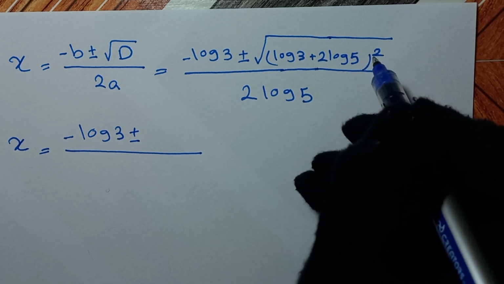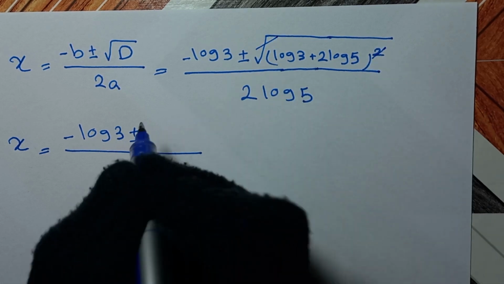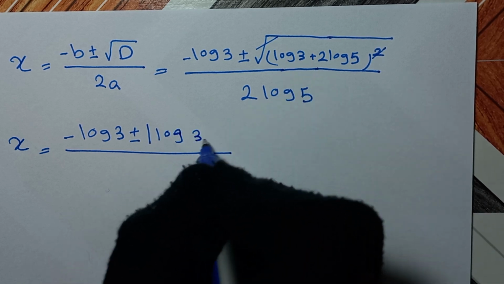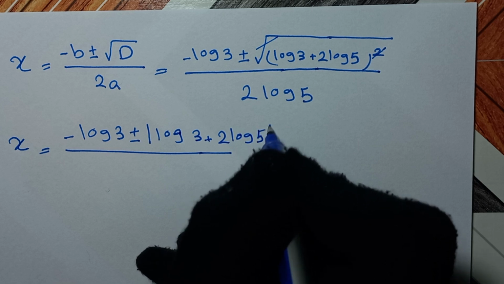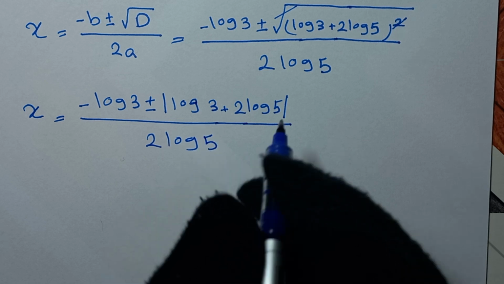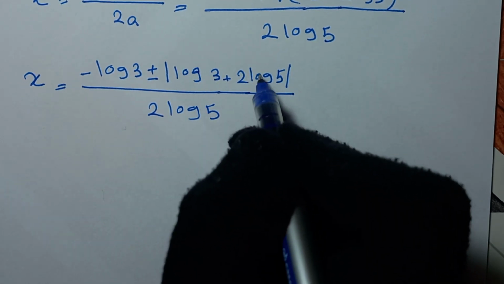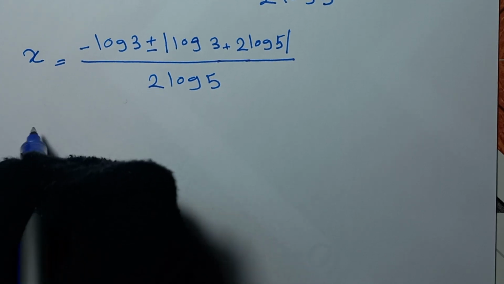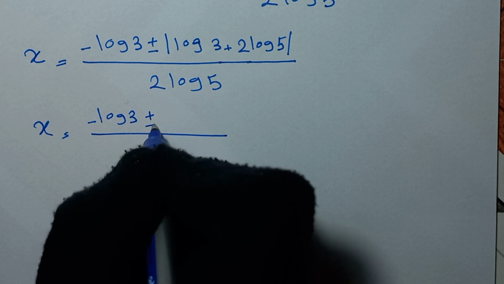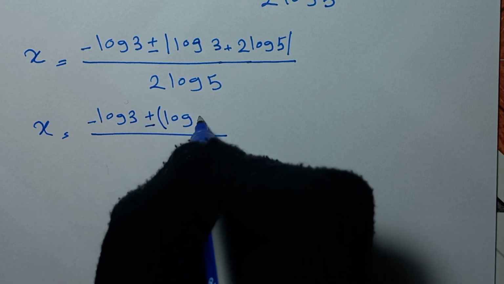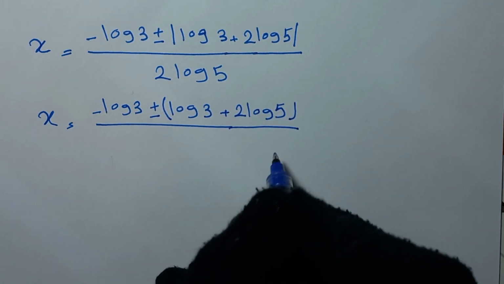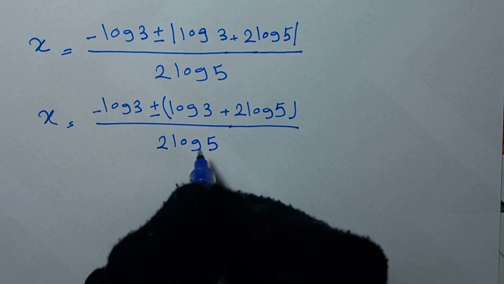In here this 2 will cancel this square root and it will be plus or minus absolute value of log 3 plus 2 log 5, right? And over 2 log 5. In here log 3 is positive and 2 log 5 also is positive, so in here we can write this absolute and it will be x is equals to negative log 3 plus or minus (log 3 plus 2 log 5) and over 2 log 5.